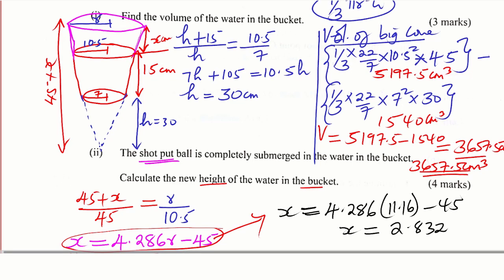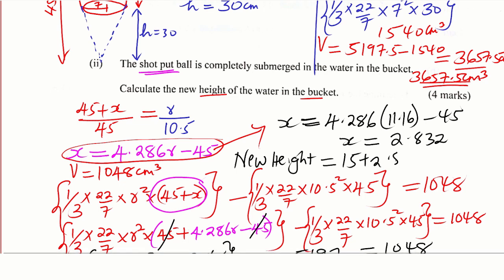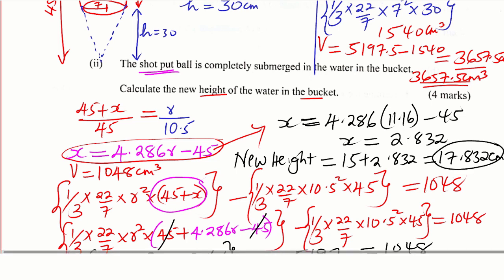So the new height will be given by 15 plus 2.832, which will give 17.832 centimeters, and that is the solution, and that is how we're supposed to solve that question.